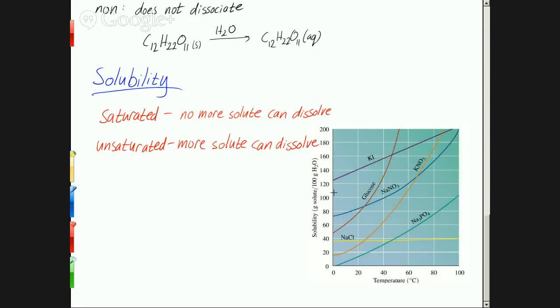If you had 10 grams of potassium nitrate and you heat it up, most of it doesn't dissolve. When you get to this point, it's going to all dissolve. So out here, it all dissolves. You cool it back down, and when you get to about 55 degrees, suddenly it's going to start coming out of solution again, and you saw that happen. That temperature, where it starts coming out of solution, is the temperature at which that much is no longer soluble.